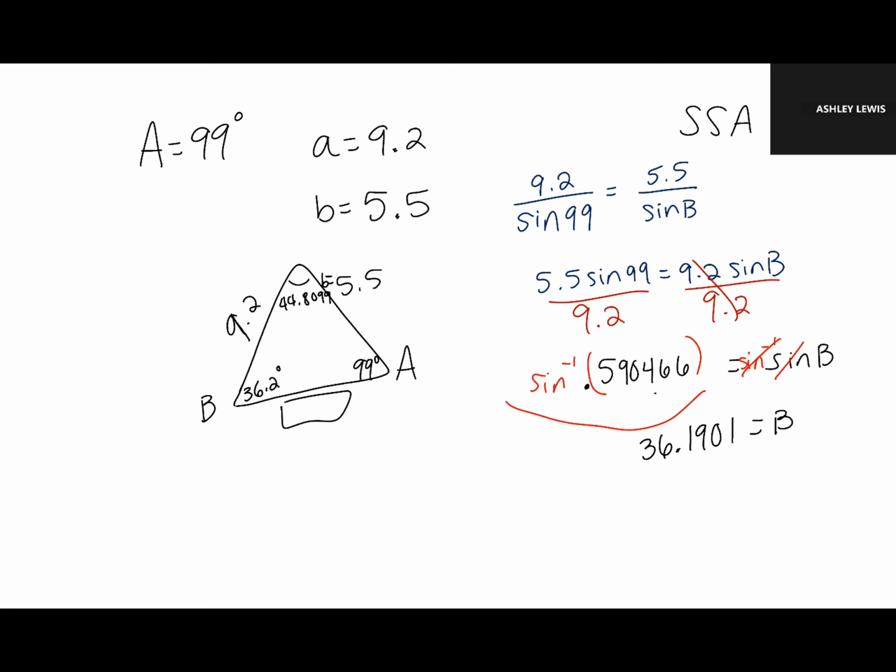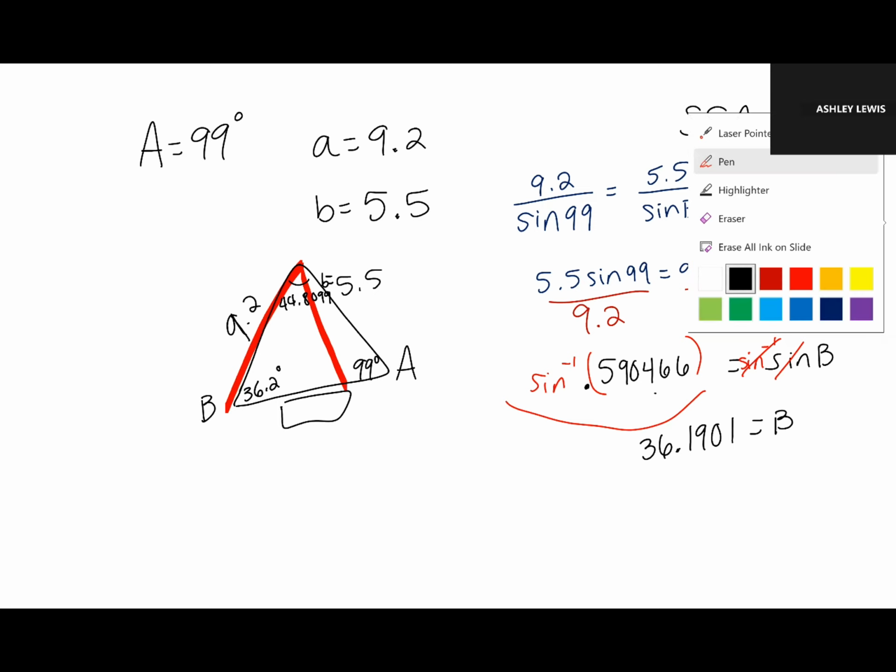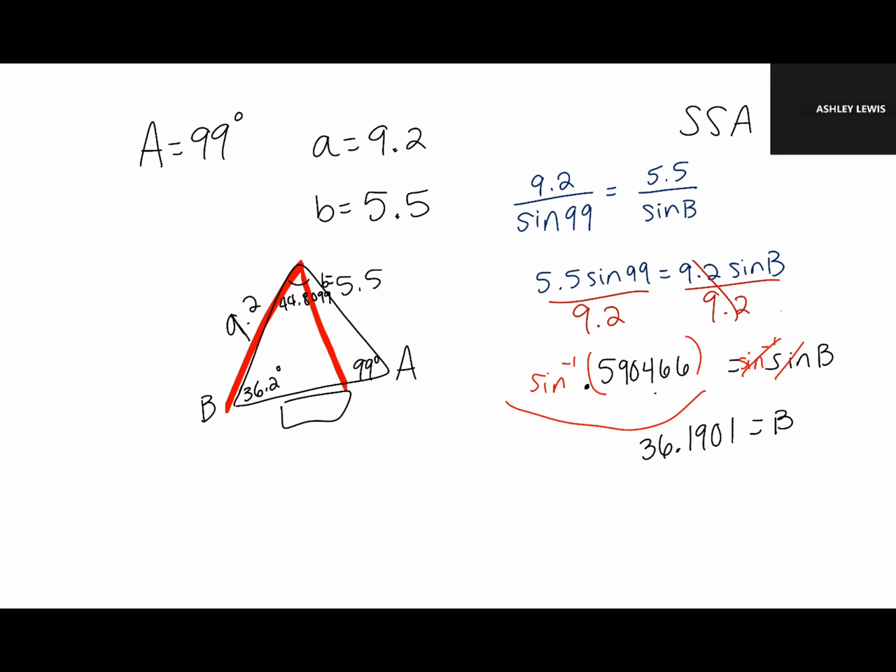Now, this is the part that I want you to understand. Let's figure out if there is a second triangle or not. Remember, this would stay the same. I can rotate it so that it looks like this, right? I form an isosceles triangle. So if this is 36.2, then this is 36.2.